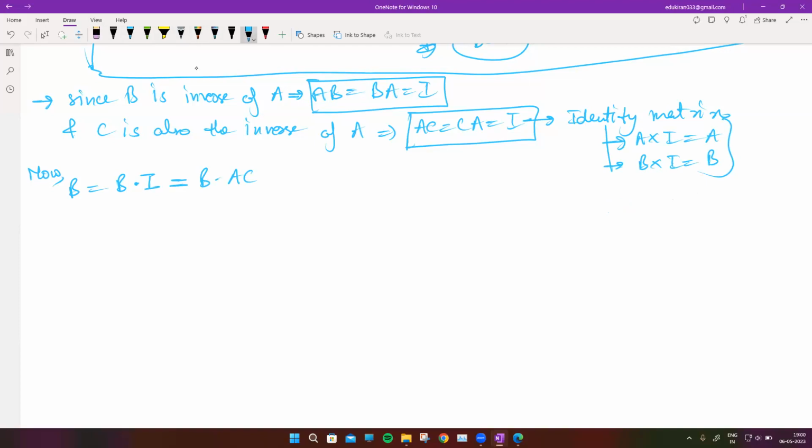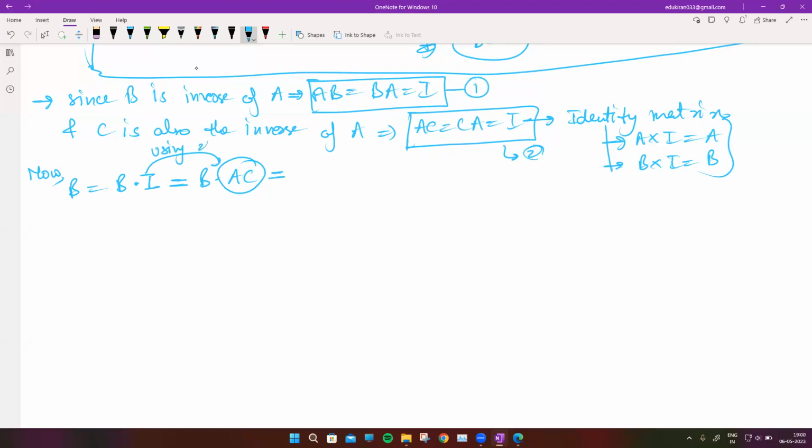Okay, so we want to introduce A and C here. Why? You will get it easily, because I want to use B into A. So instead of I, I use the second result. I'm naming these results as 1 and 2.